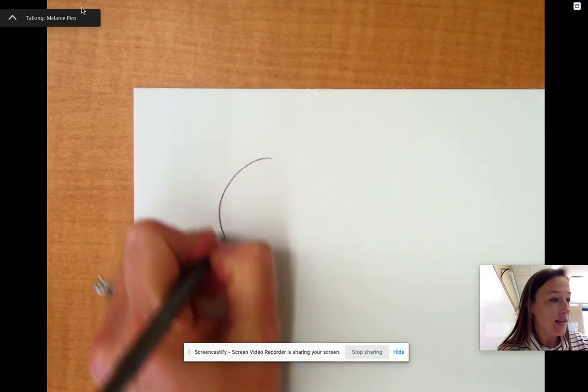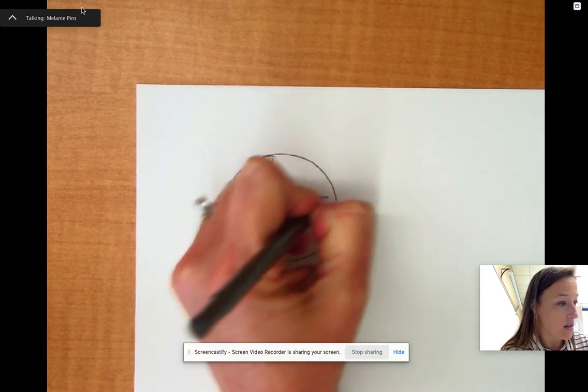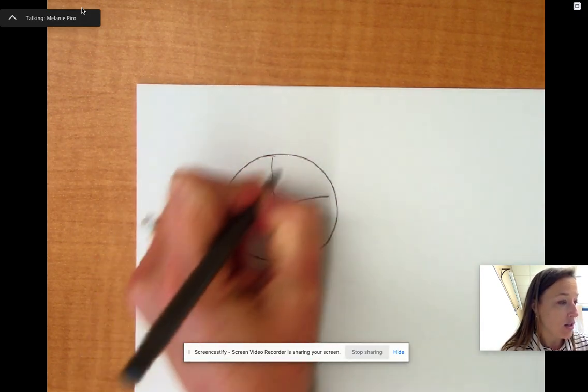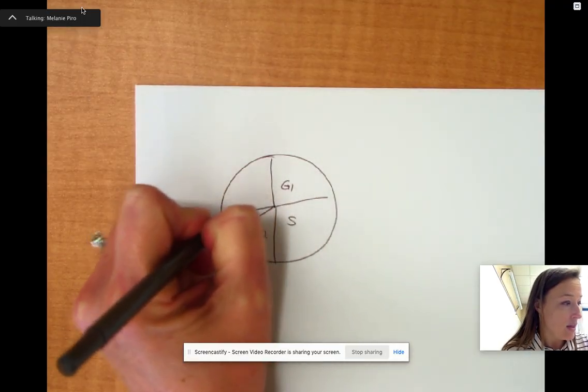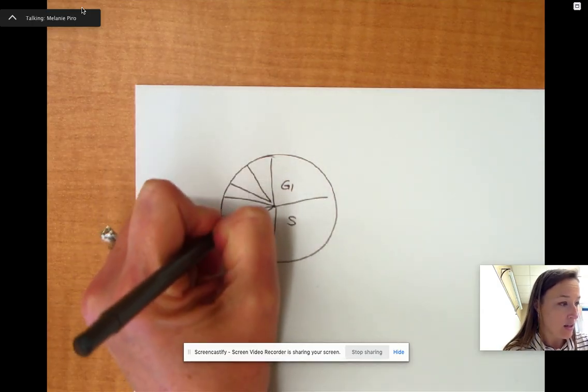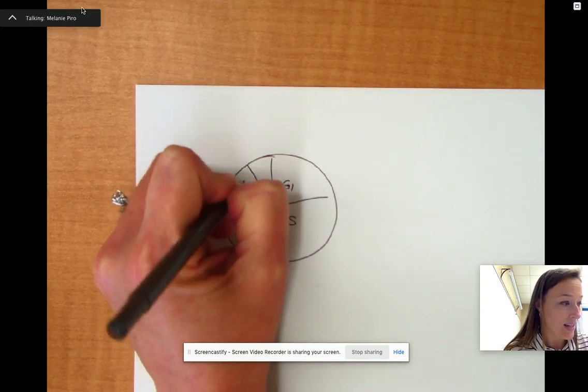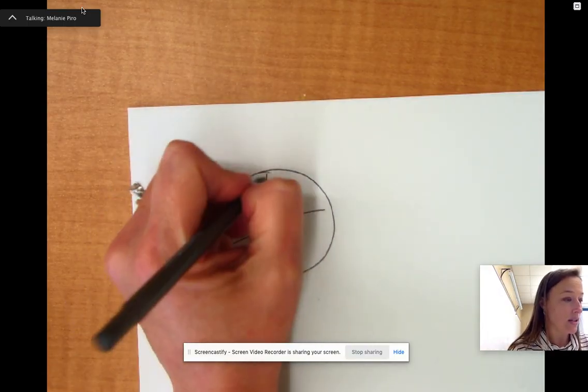So when we look at the cell cycle, I did not draw this very big. We're going to get a big chunk of time. We have G1, S, G2. And then, I'm not drawing these to scale at all, because prophase should be the longest of the cycle of mitosis.